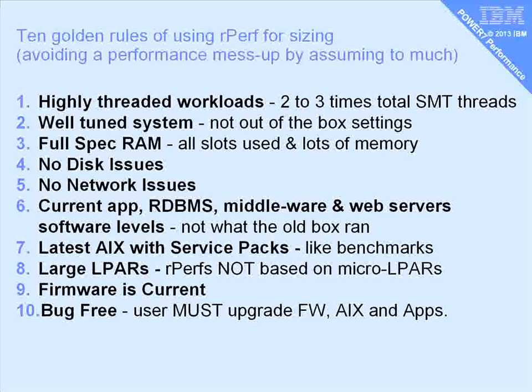But if you're failing on a whole bunch of these, or the AIX level and the database is from years ago, then you're quite unlikely to hit the rPerf values you might be expecting. But do contact us. You pay for IBM support, and we are there to support you and work through the problems. Although you do have to let us upgrade and fix things if you want the performance.